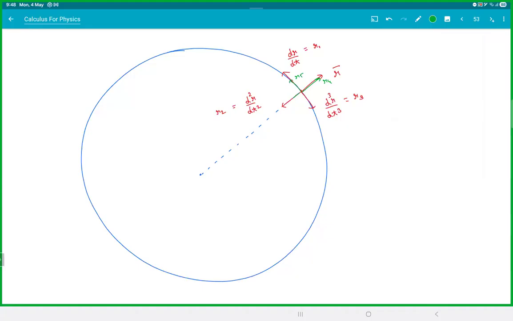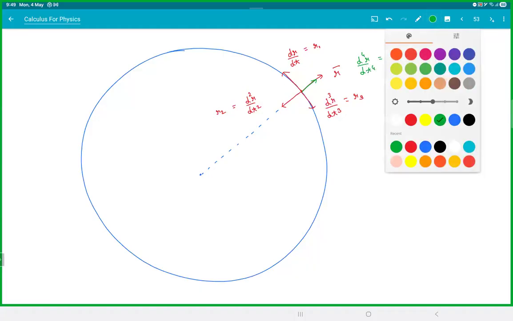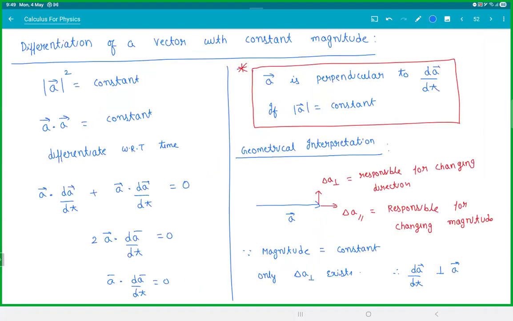You're getting it? Every time you differentiate, the vector keeps rotating 90 degrees. If I differentiate again, this would be d power 4 r by dt power 4 and so on. So that's the idea there.